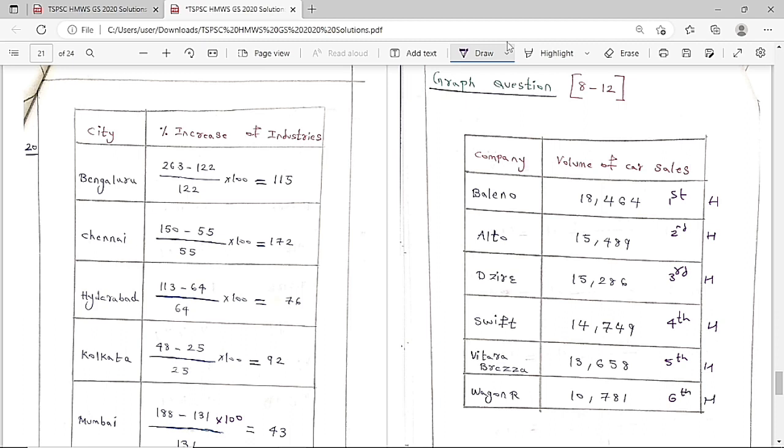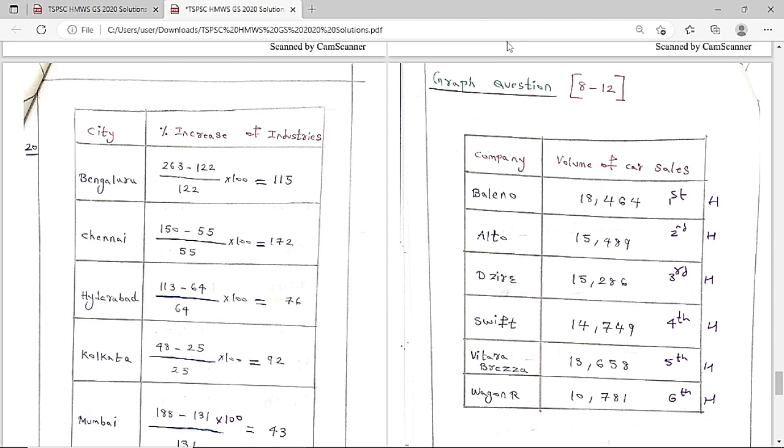In this question they asked to name the car brands which were sold second highest and second lowest. The second highest is this one, Alto, and the second lowest, where this is the first lowest and this is the second lowest, we can say Vitara Brezza. So Alto is the second highest and the Vitara Brezza is the second lowest. This is what we can see from this picture.